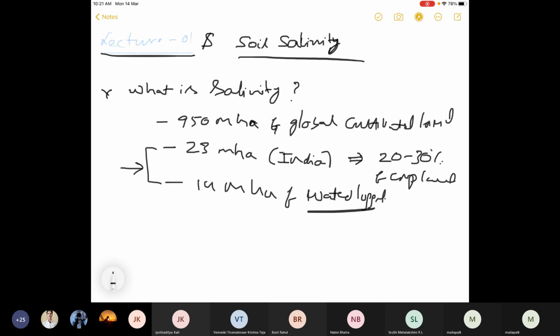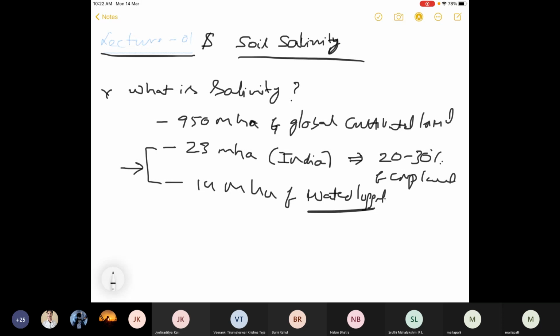So the whole idea is, first we should understand the mechanism: why these soils are becoming saline, what is the effect of the salinity on crop growth, and then how to manage soil salinity so that crop production can be increased. These are the most salient features of this course.